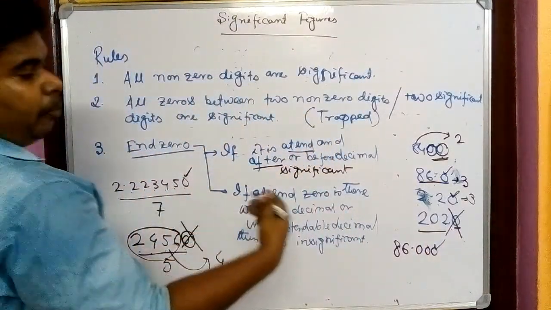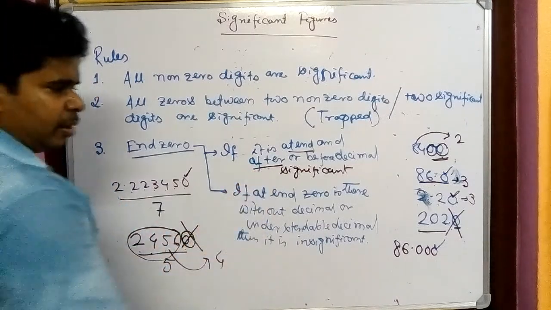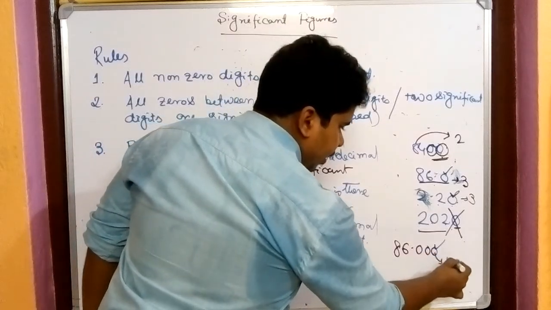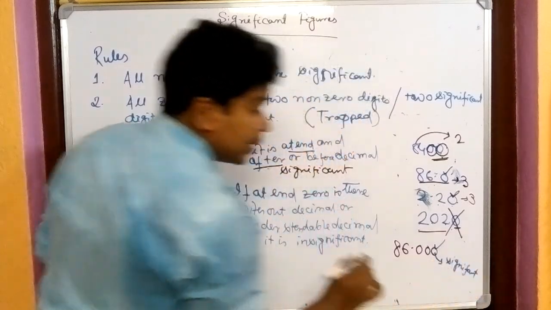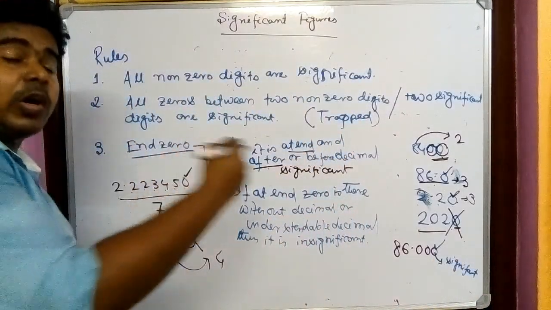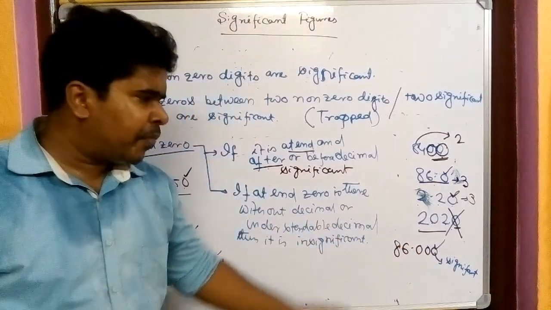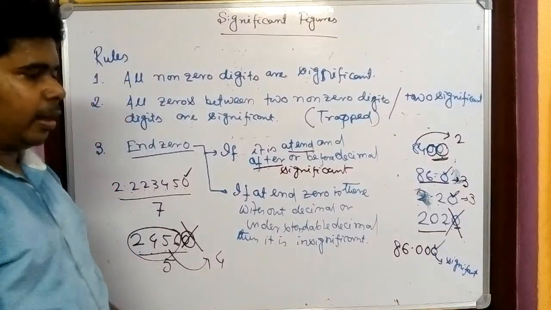Whether it is after decimal or before decimal: yes, it is after the decimal. So after decimal means this 0 is significant. This 0 is significant, because whenever we have to check, you see it is at the end and it is after the decimal, so this is significant.